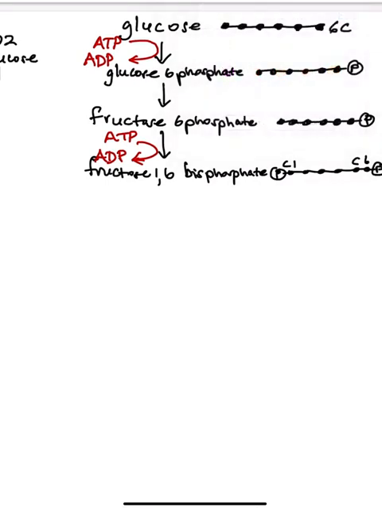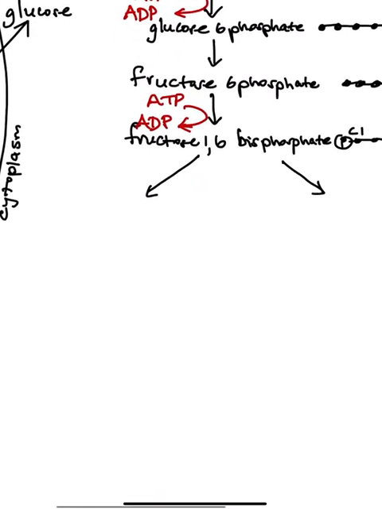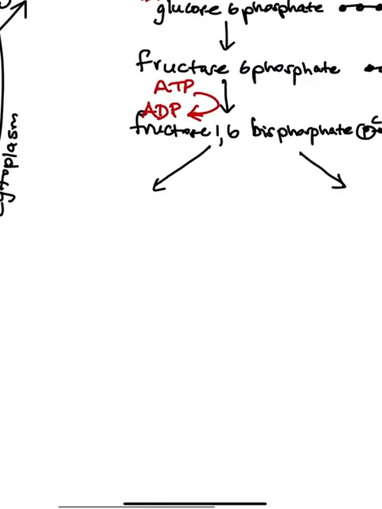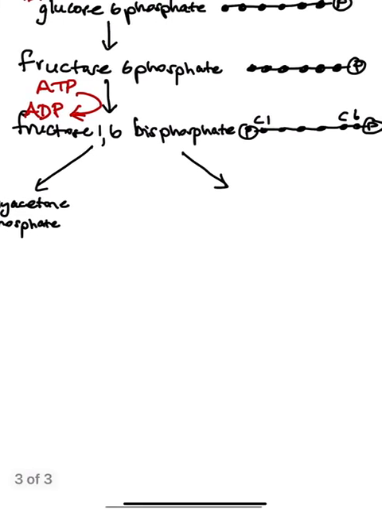The next step involves the formation of two molecules. The first one is dihydroxyacetone phosphate. And the other one is glyceraldehyde 3-phosphate.